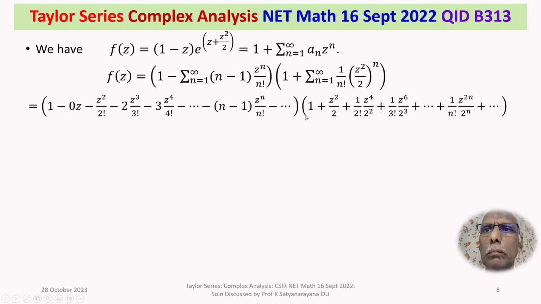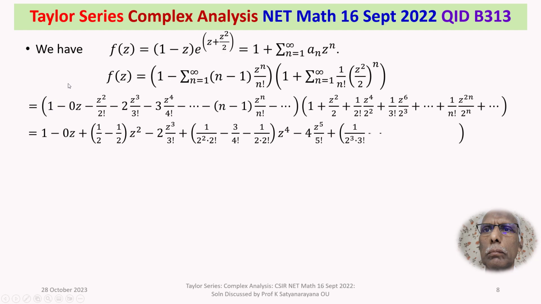and get the constant: 1 into 1, 1. What is the coefficient of z? 0z only, 1 times 0z only. So we have written 1 minus 0z and we want to collect the coefficient of z square. 1 into z square by 2, that is 1 by 2, and from here 1 into minus z square by 2, that is minus 1 by 2, so 1 by 2 minus 1 by 2 into z square.